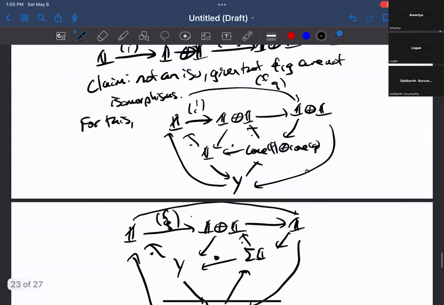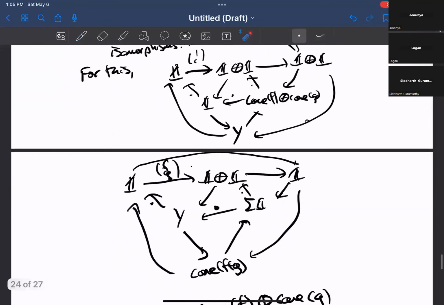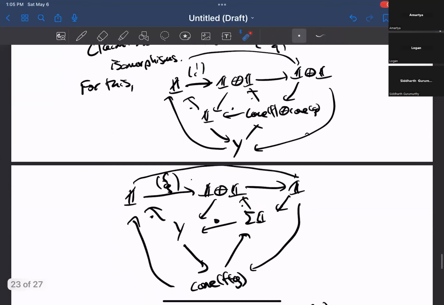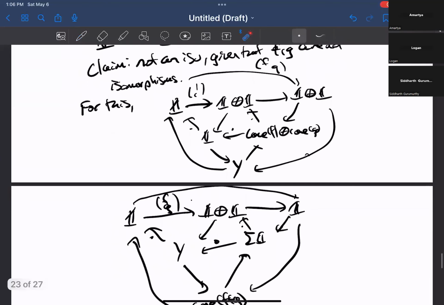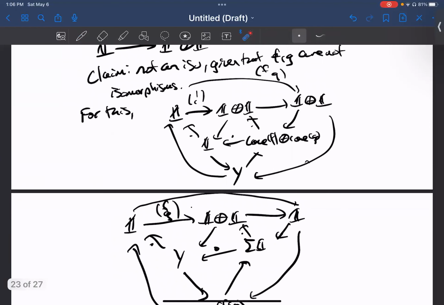And if we note that this map from 1 to Y here factors as going up this way and then projecting off down, then this is equivalent to this map projecting off to Y down here. And before we have to include by 1 comma minus 1.